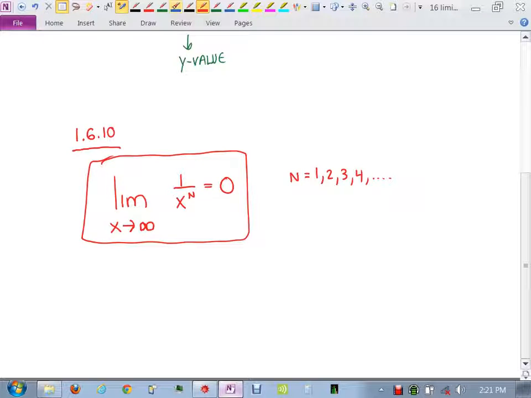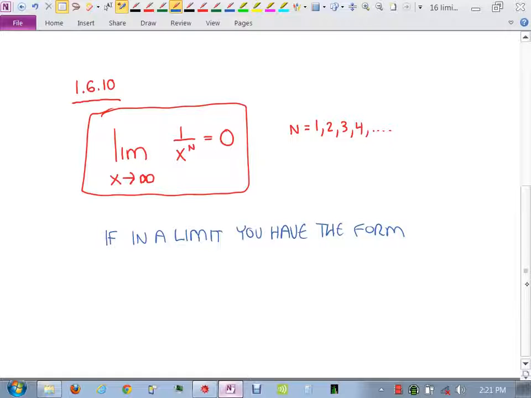I want you to look at it like, if in a limit you have the form of a fixed number over something that's becoming infinite.